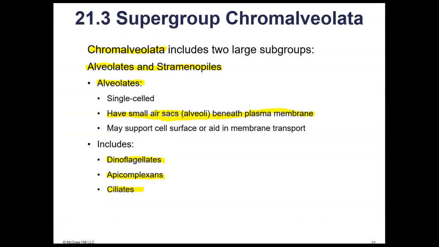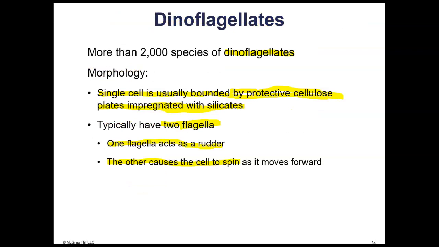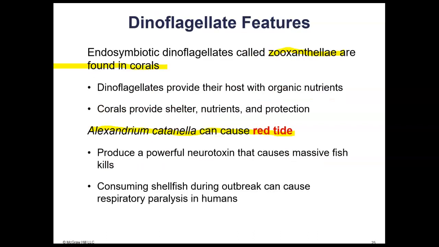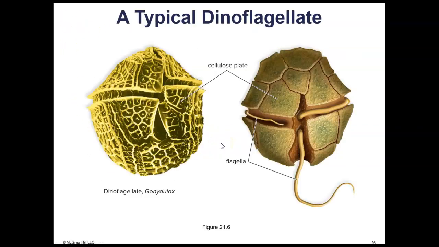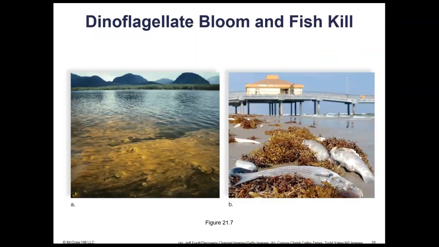And now we move on to the supergroup Chromalveolata. And you need to know the dinoflagellates are alveolates in the supergroup Chromalveolata. The Alexandrium species can cause red tides. There's a picture and there's a microscope image.